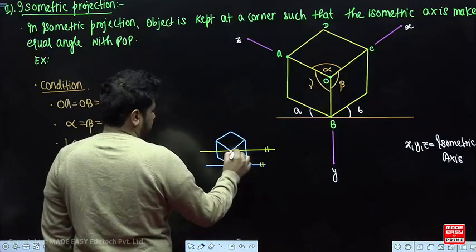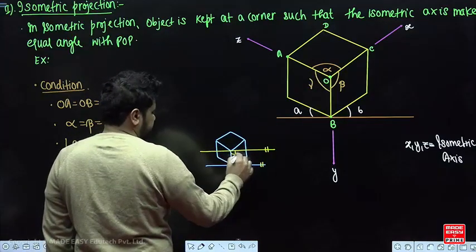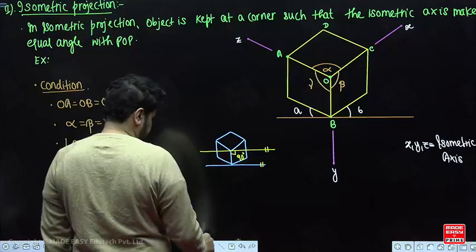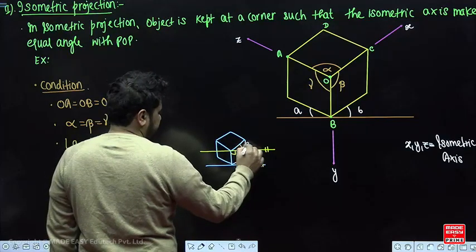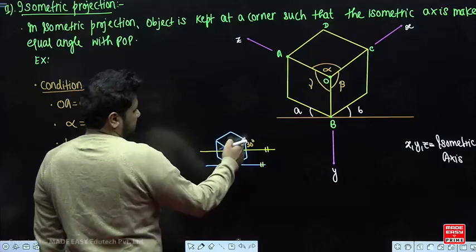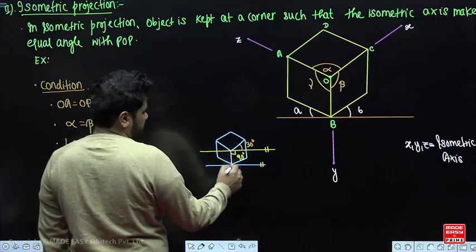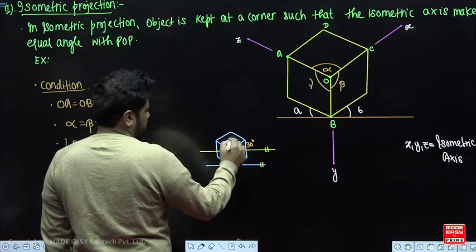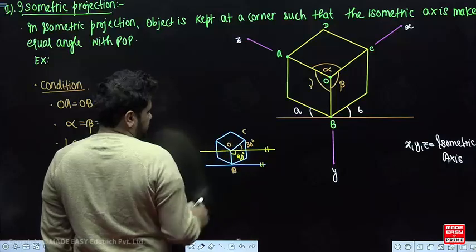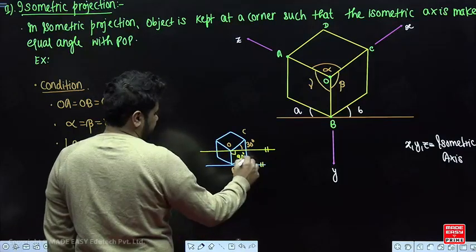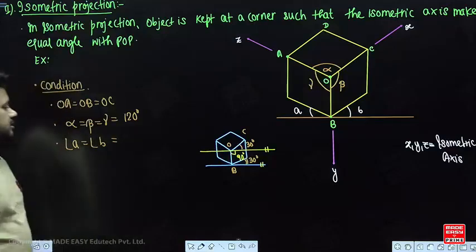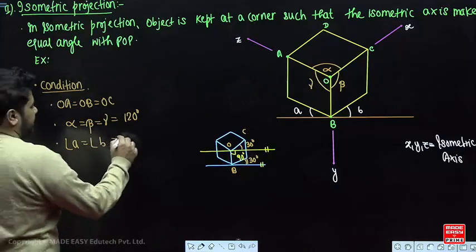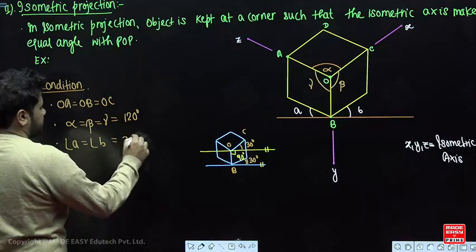Now this angle is how much? You will say 90 degrees. And how much is this angle? This angle will become 30 degrees, because the total angle is 120. So this is B, this is O, this is C. If this is 30 degrees, how much will this angle be? This angle must also be 30 degrees. So angle A and angle B will be the same, and equal to 30 degrees.